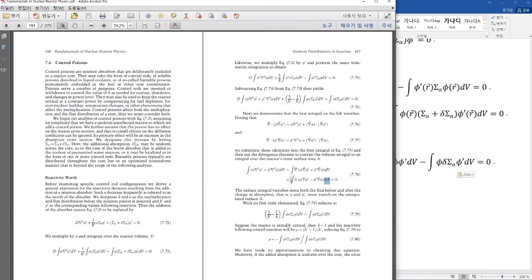So the second term, this one, will give us the total amount of leakage in the volume V. So this is basically the divergence theorem. The integral of divergence over the volume will be same with the integral over all the surface of what is leaked out of the volume.